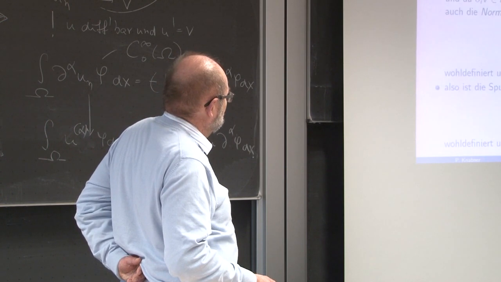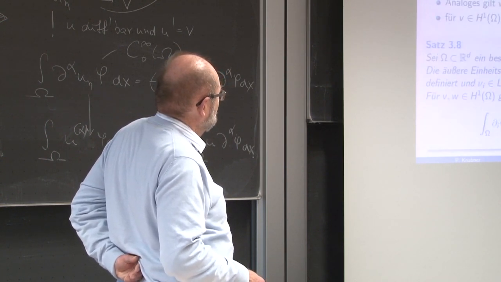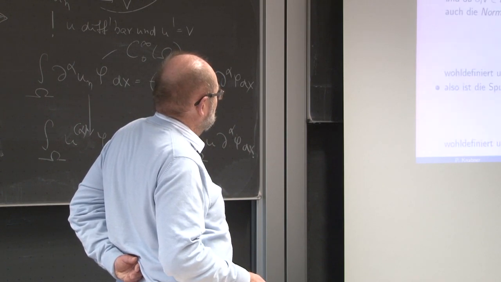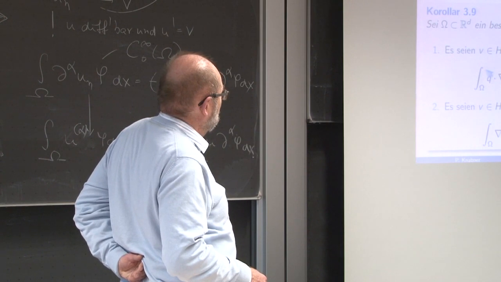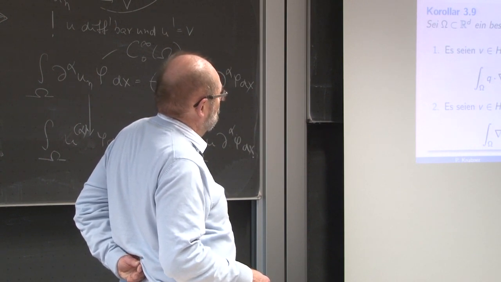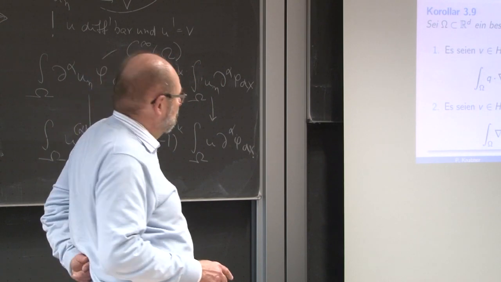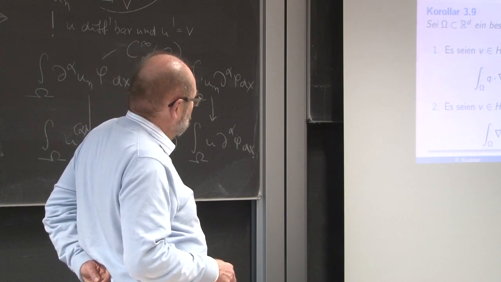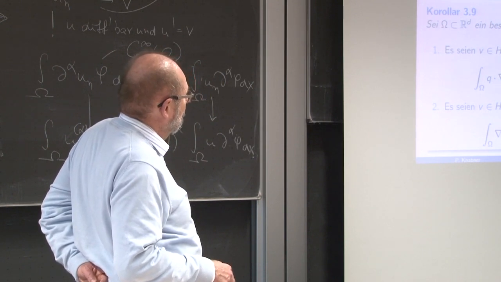The Qi correspond to the W, and the derivatives of the V are now the components of the gradient of V. So I get this part, this part, and this part, just by summing up the corresponding equations. So this is now the partial integration formula we have used.